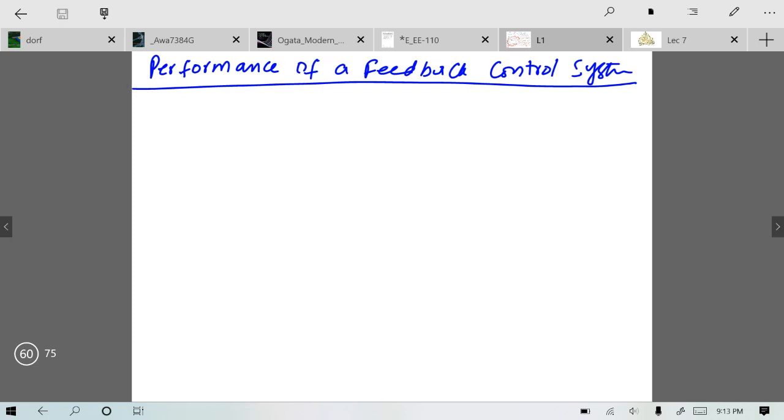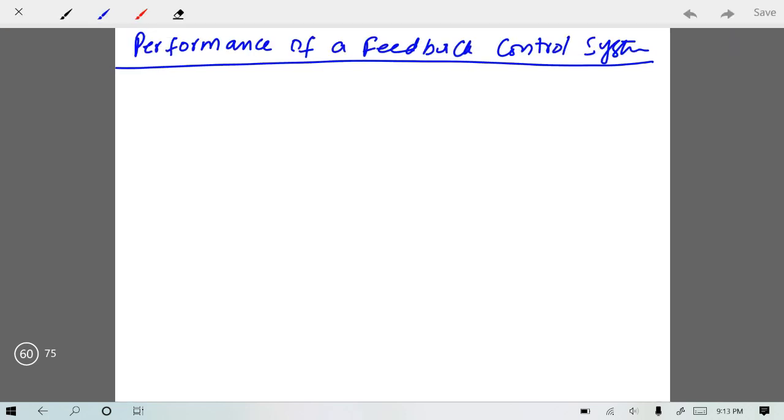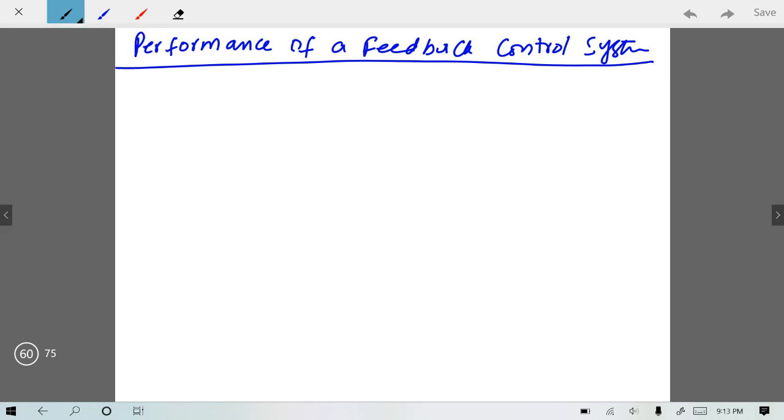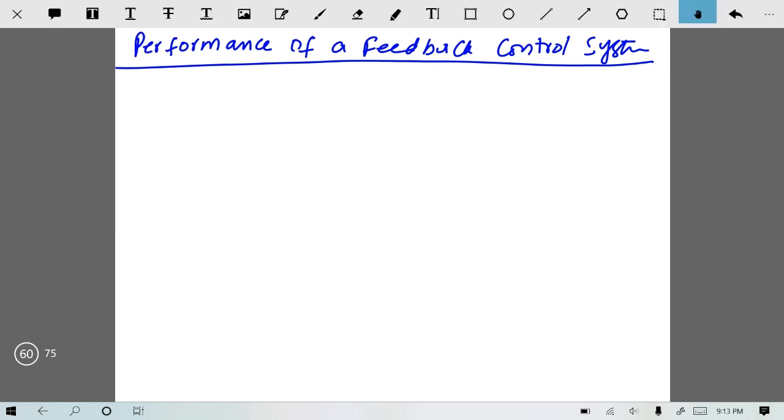Okay, for this specific topic, let me change the color of my marker. Okay, the performance of a feedback control system. So guys, performance is actually a relative term. This specific word performance, what happened to the pen?